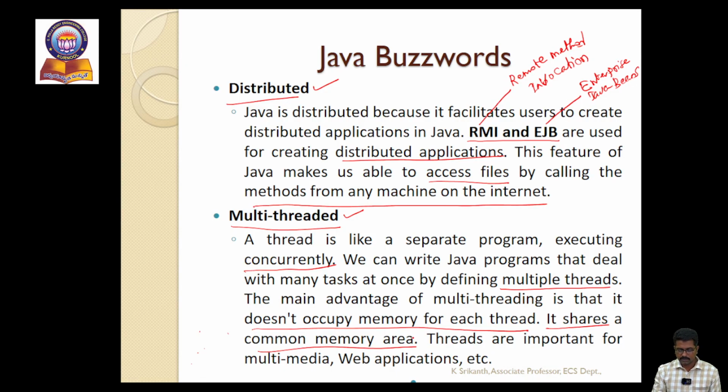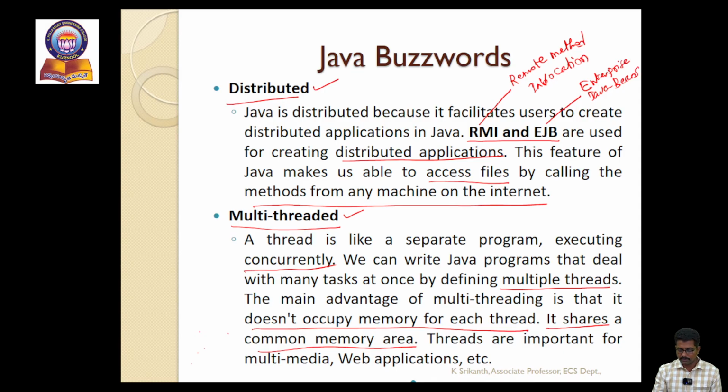When it comes to multi-programming, the different programs have different addresses, but in multi-threading, all threads have the common memory location or address. They are available within the same address, so it is easy to switch between the threads compared to multi-programming.